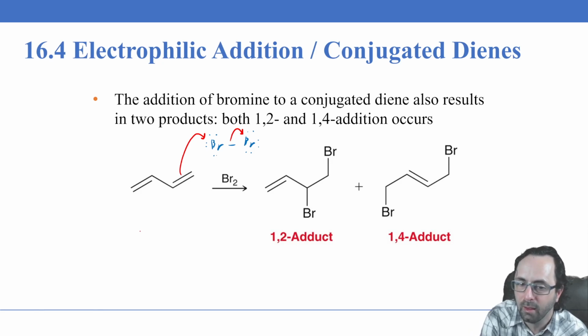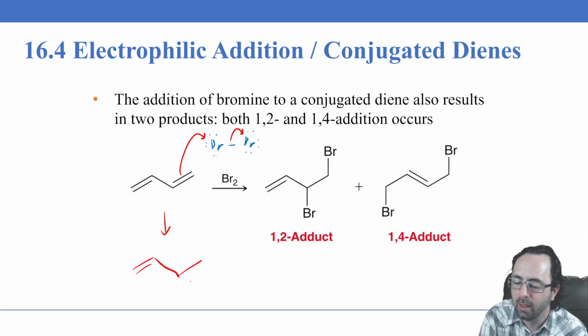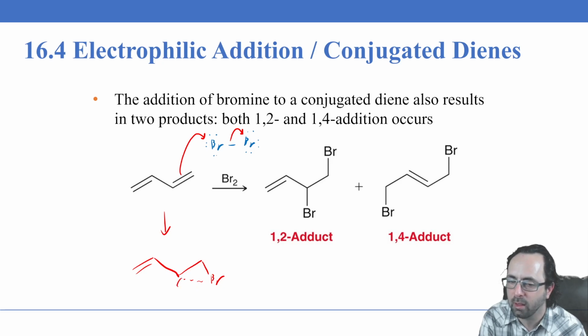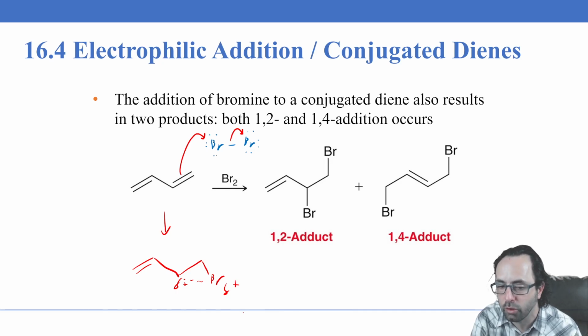We could say it's not exactly right. Remember, this does go through actually a bromonium intermediate, but we could say that in this bromonium intermediate, it's more bonded to this carbon here. It's less bonded to this one here, because it can carry the positive formal charge, or partial charge, a little better.